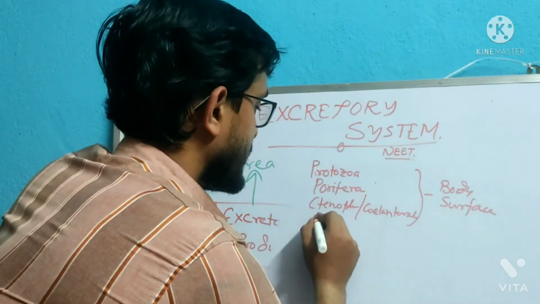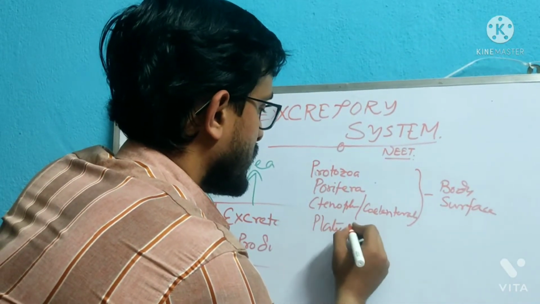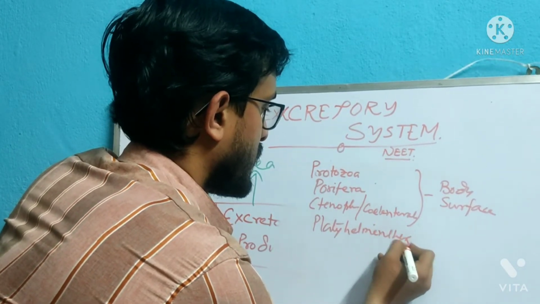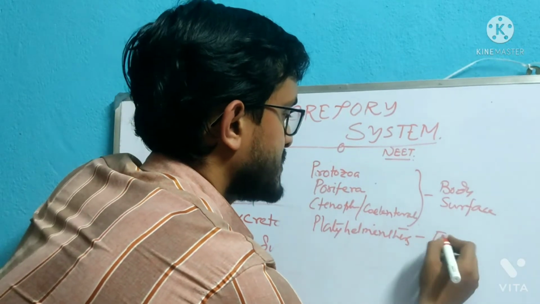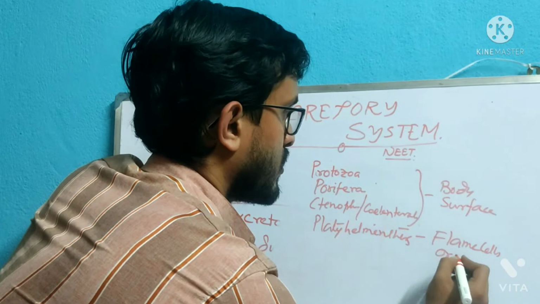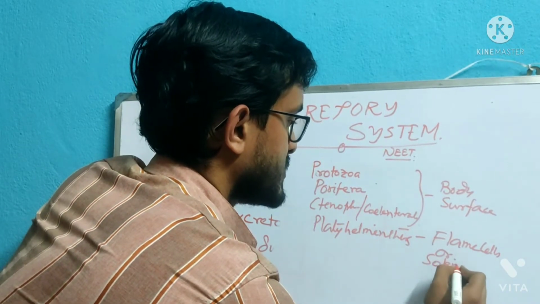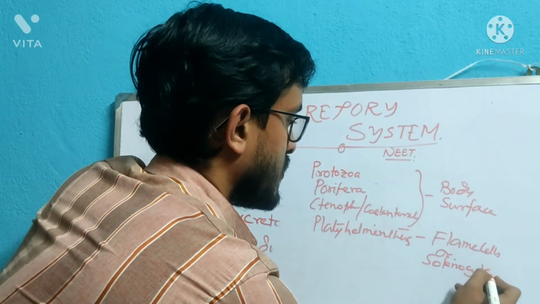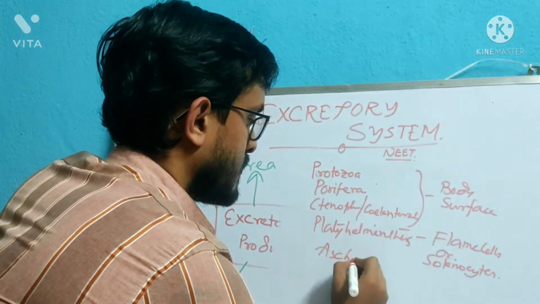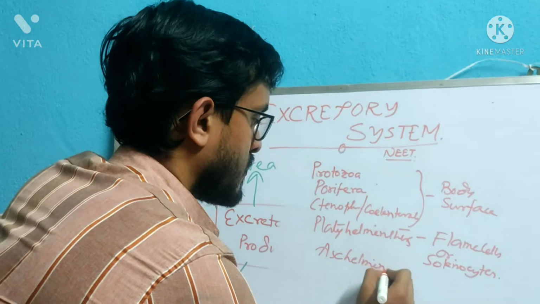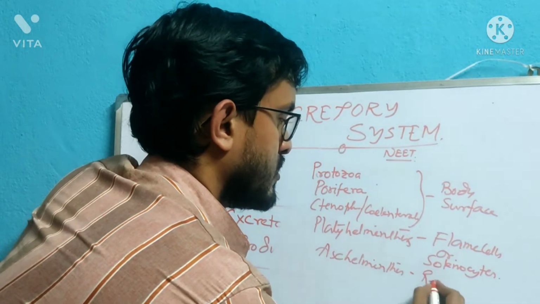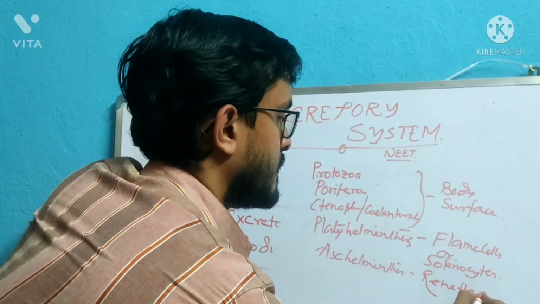In the case of platyhelminthes, they have flame cells or solenocytes. In the case of aschelminthes or nematoda, they have renette cells.